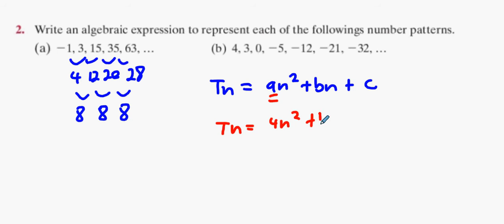Now, next thing you're going to do after that is probably a simultaneous equation, okay? So, which one do you want to be T1? Suppose T1 is minus 1 and T2 is 3. Is that right with you guys? So, what do we replace all the n's with? No, with 1.